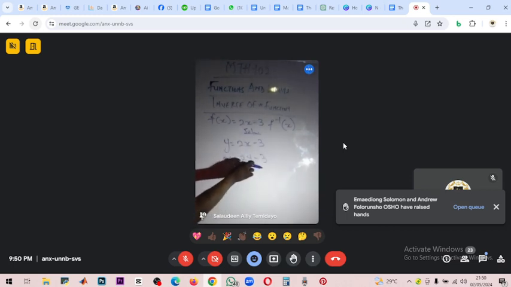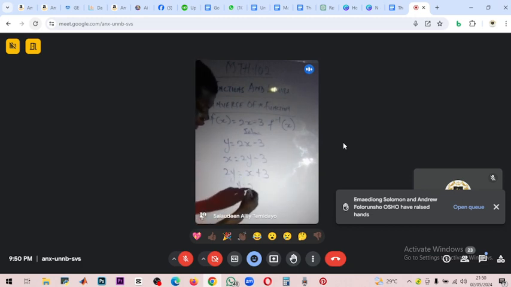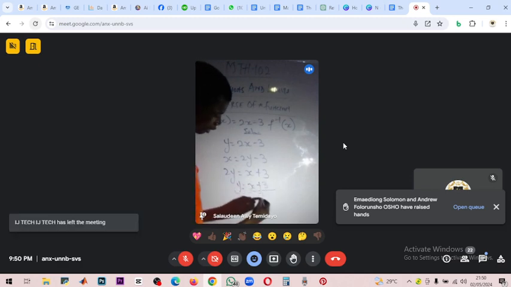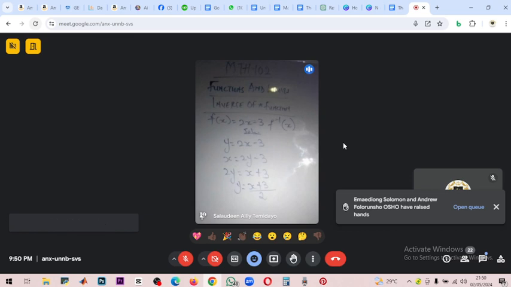So now make y the subject. 2y should be equal to x plus 3. That's from bringing minus 3 to the side of x. That's x plus 3, and 2y remains 2y. So to get y now, divide both sides by 2. So y equals x plus 3 over 2.